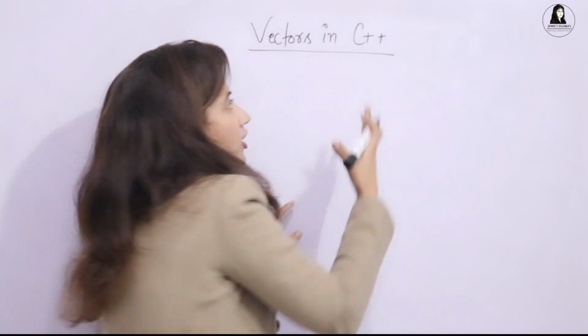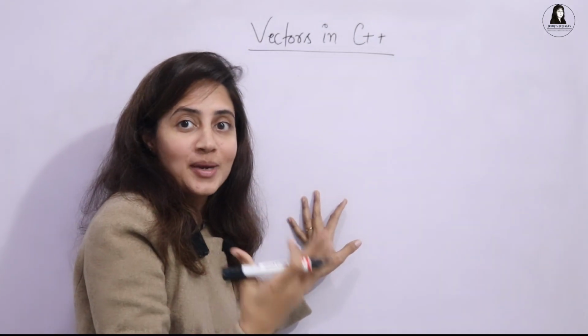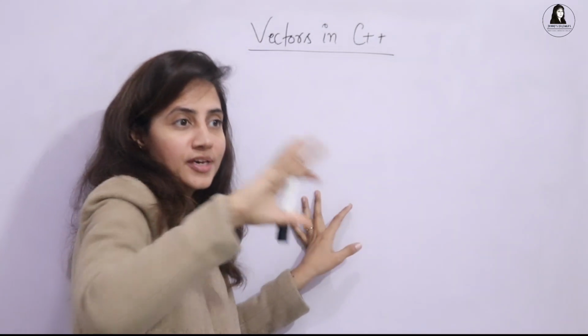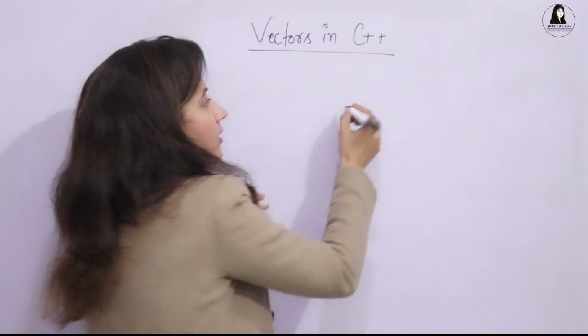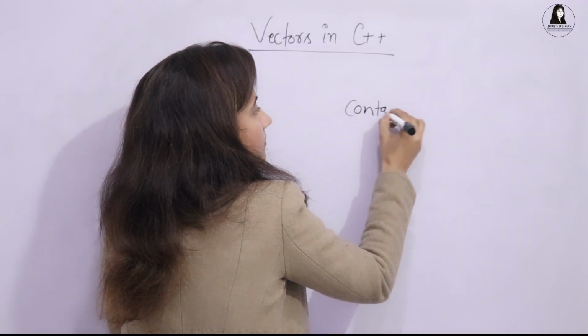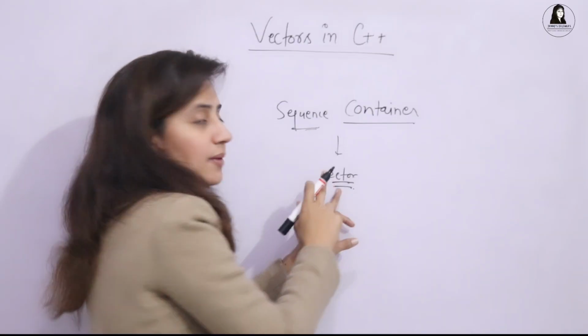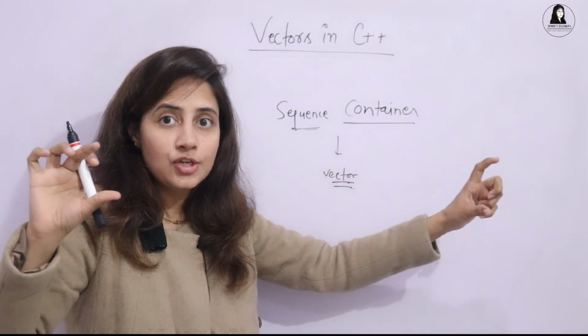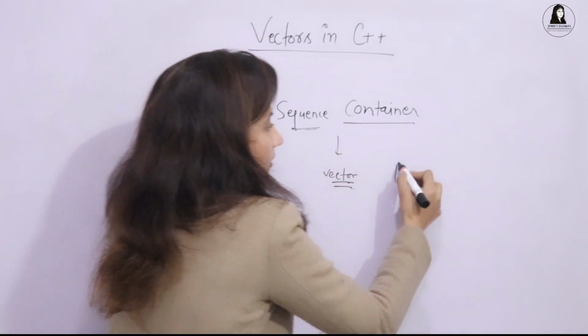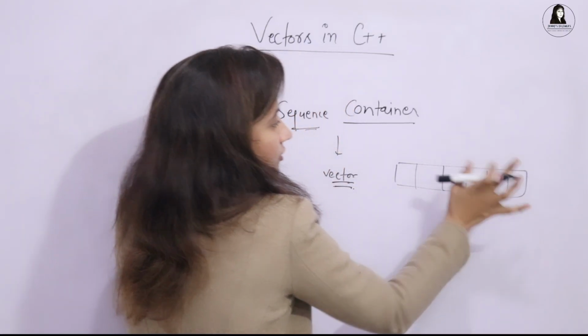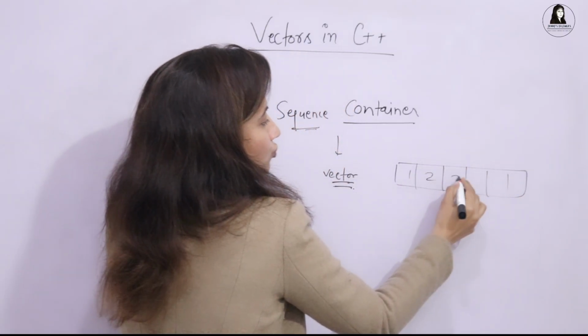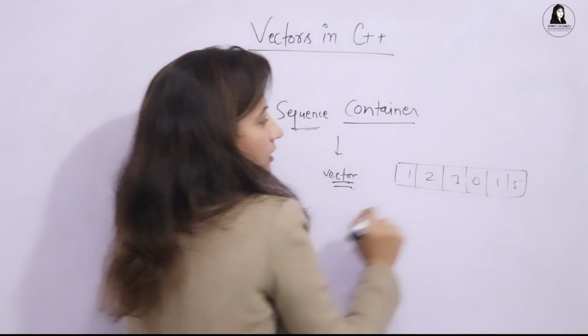Each vector can change its size at runtime automatically. Means they can increase or decrease their size automatically. But how? I've told you a vector is like a container, a sequence container. Sequence, because all the elements of a vector are in a strict linear sequence. Right? Like this. Suppose this is the vector, I have to store 1, 2, 3, 0, 1, 5 like this.